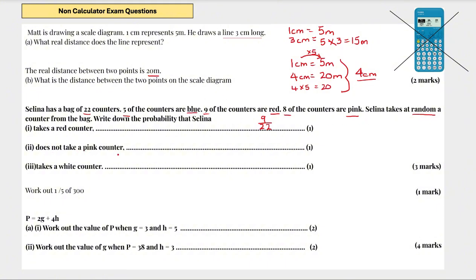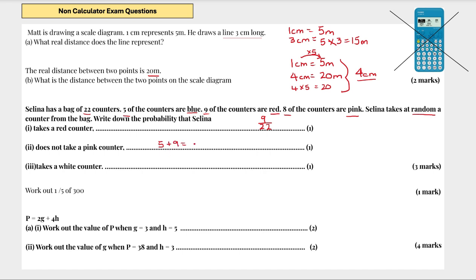She does not take a pink counter. Now, she's not going to take a pink counter. Take the pink counters out of this imaginary bag. What have we got left? We've got blue counters and red, isn't it? So we've got 5 blue, 9 are red.